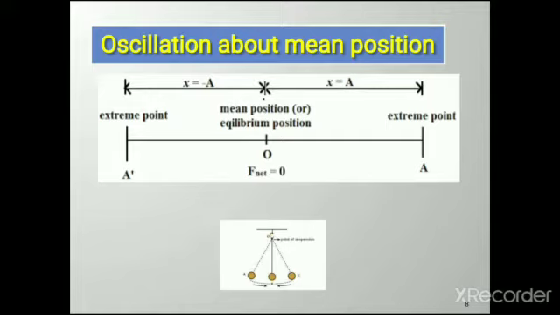It goes to the right extremity, again comes to mean position, moves to left extremity, and again comes to its mean position. In the diagram, O shows the mean position while A and A dash are the extreme positions. The distance from mean position to extreme position is called amplitude. It is denoted by capital A.